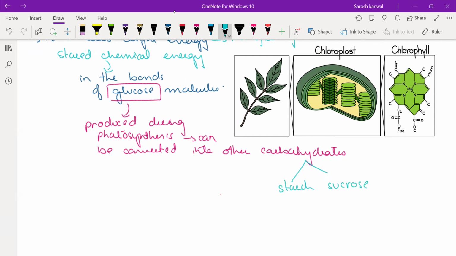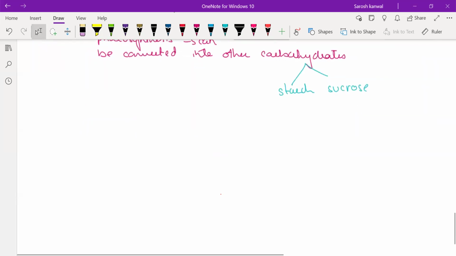We know in case of animals, the carbohydrates are stored in the form of glycogen, while in the case of plants, it is stored in the form of starch. Is that clear? Okay. Now we have to see the use and storage of carbohydrates. Any question till here?